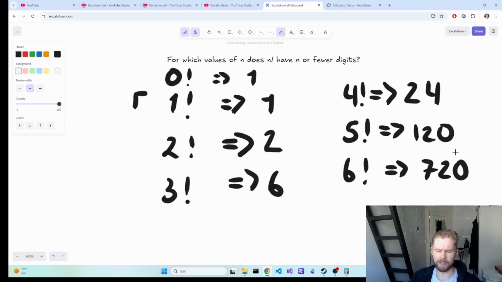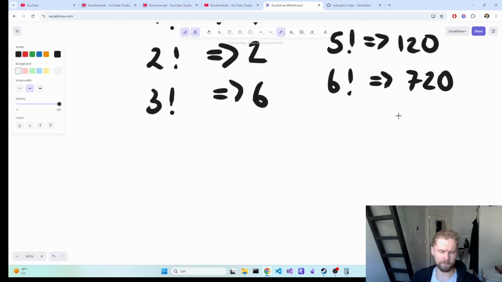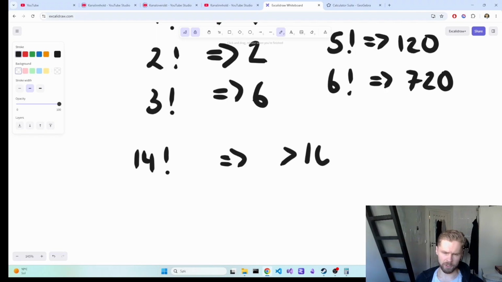Wait, didn't I just do an exercise where I had 14 factorial? I know that this has more than 10 digits.